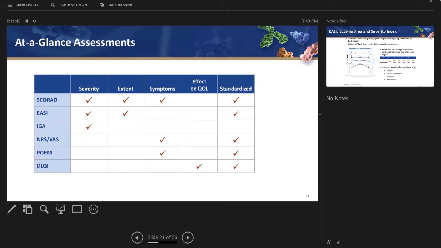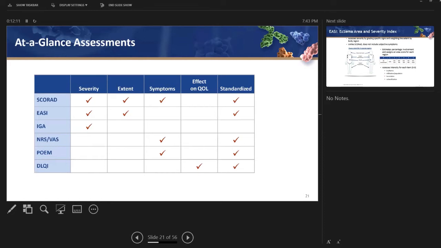We have other scores that we can use from time to time, like the SCORAD score, which can assess not only the severity of the disease, but also the extent of the disease and the symptoms associated with the disease, like itching. We have the IGA, which is the Investigator Global Assessment or the Physician Global Assessment, where the doctor assesses the severity of the disease, giving numbers 0, 1, 2, 3 to 4.